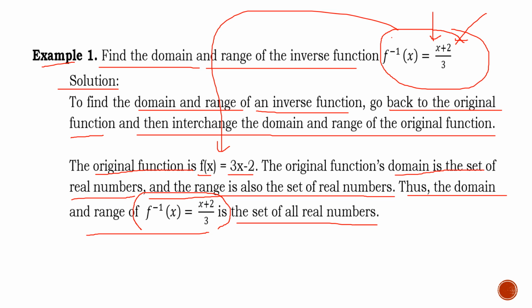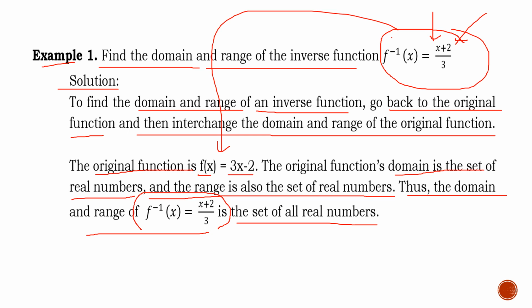Why? Because whatever the domain and range of your original function, we simply swap, or interchange, your x and y values. That's why if this is your domain and range in your original function, that will be your range and domain when you're dealing with your inverse function.